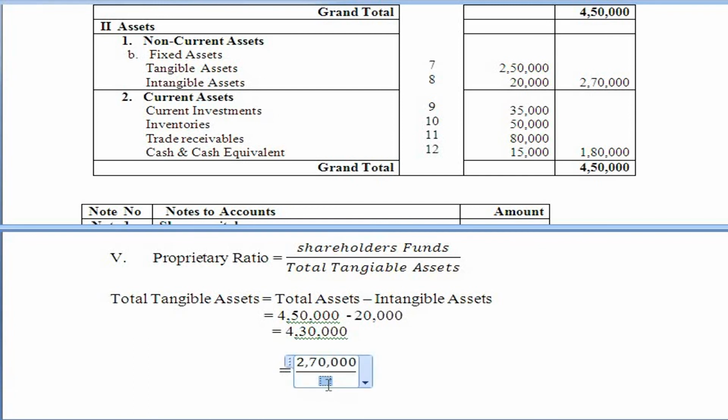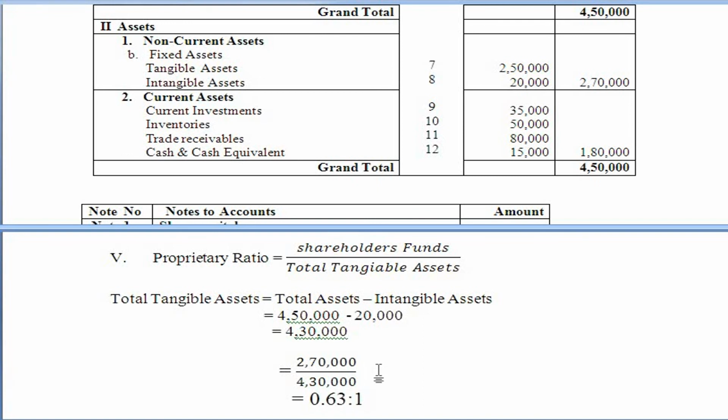Here we have to calculate the answer. Put this value into the formula, 2,70,000 divided by 4,30,000 is equal to how much? 0.63:1.